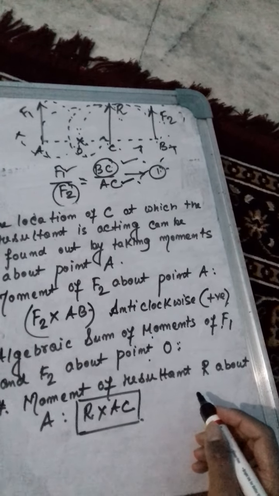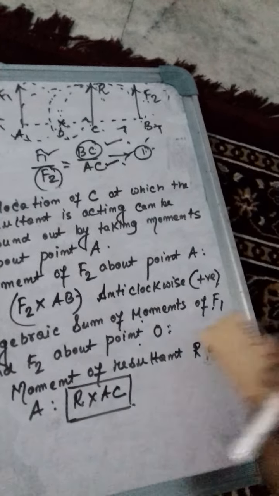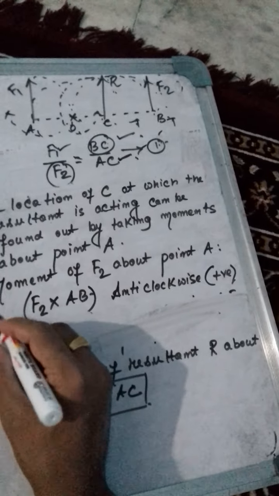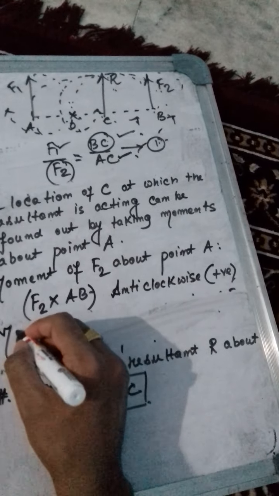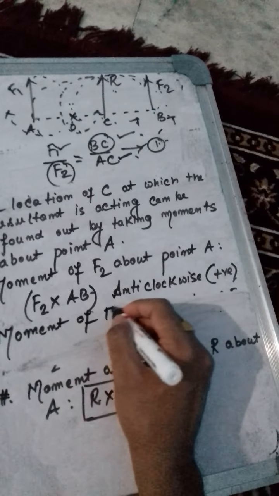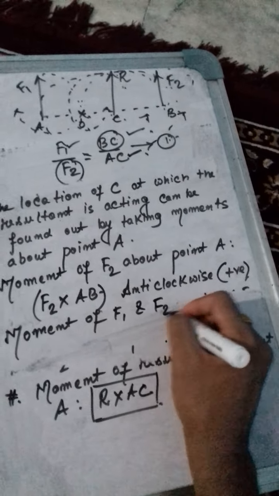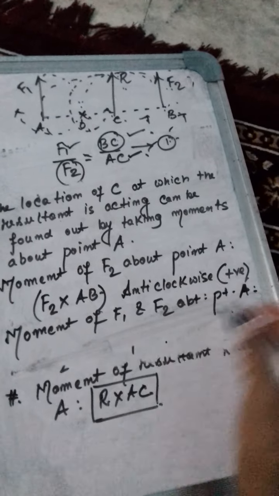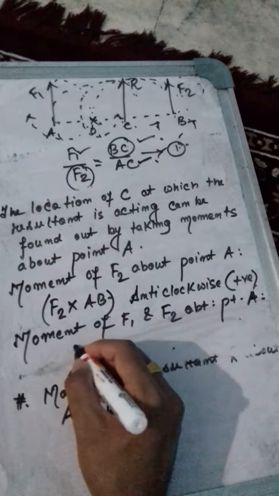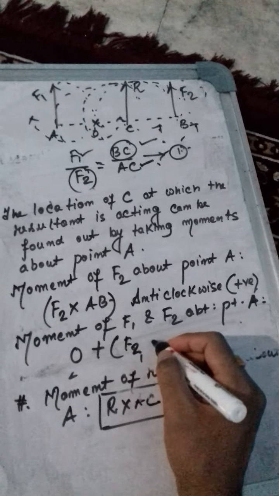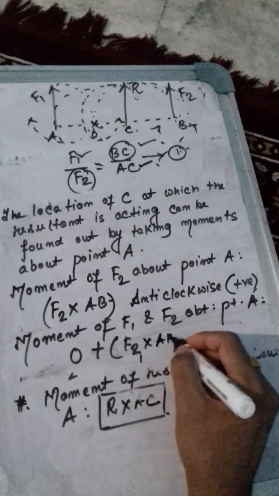The sum of moment of F1 and F2 about point A, what we will get? For F1 it is equal to 0, for F2 it is equal to F2 into AB.